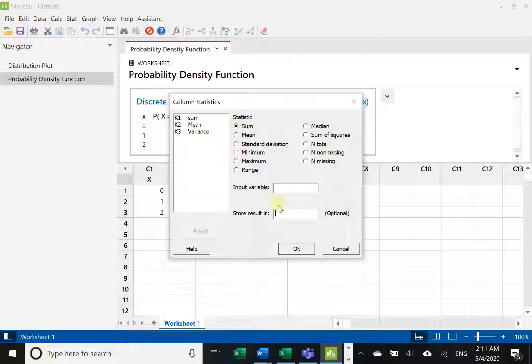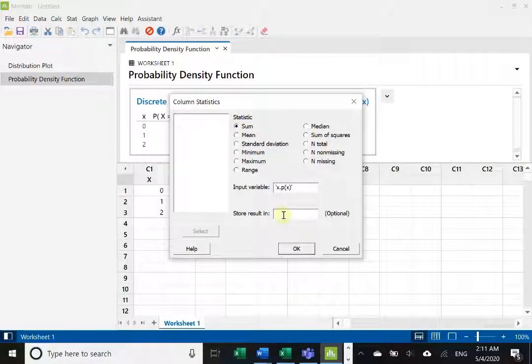If you click on input variable, it gives you the list of your variables. My input variable is going to be XPX. I want the sum of XPXs. This is like your sigma.